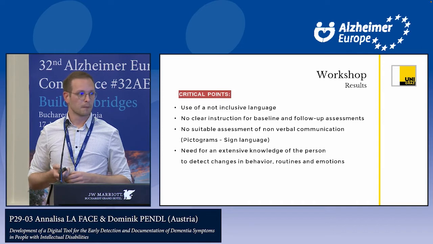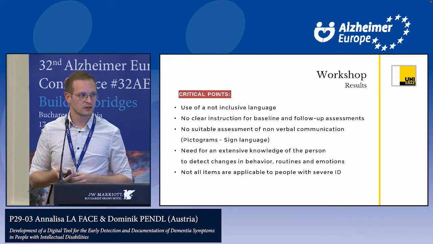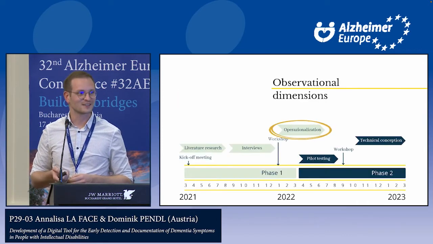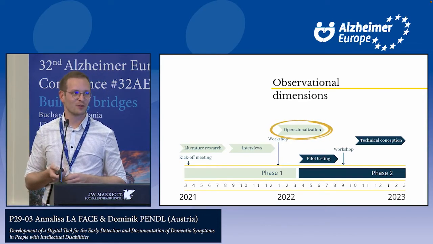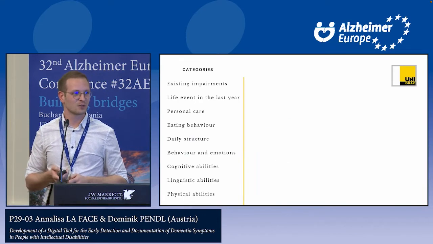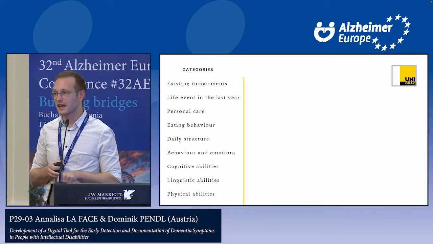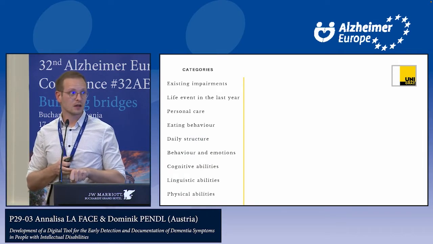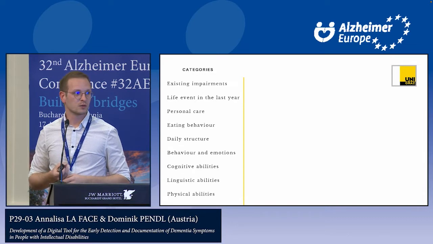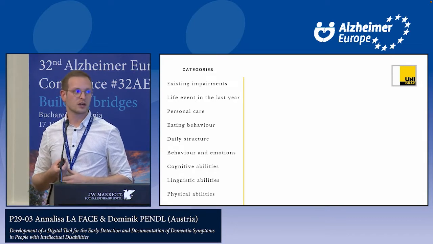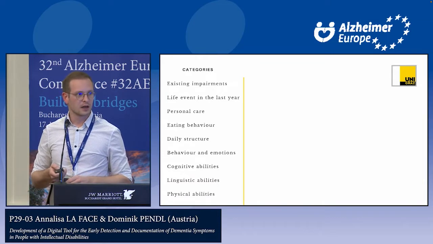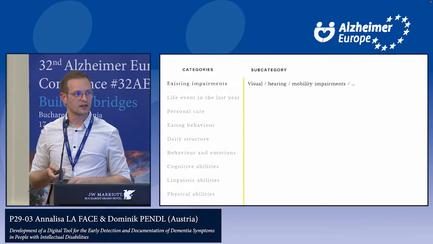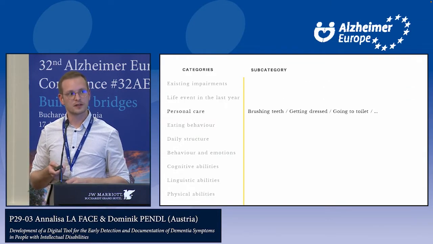And yeah, I have to go on a little bit faster so that I can tell you about the observational dimensions we developed. We have 9 different categories which we want to take a closer look at and which we are implementing in our tool. There are always some subcategories.